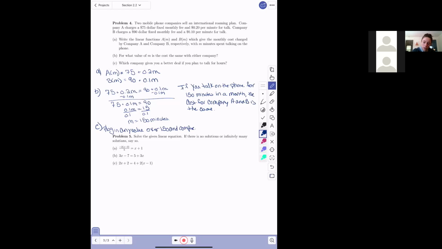So if I plug 200 in, A of 200 is equal to 75 plus 0.2 times 200, which is equal to 115. And B of 200 is equal to 90 plus 0.1 times 200, which is equal to 110.